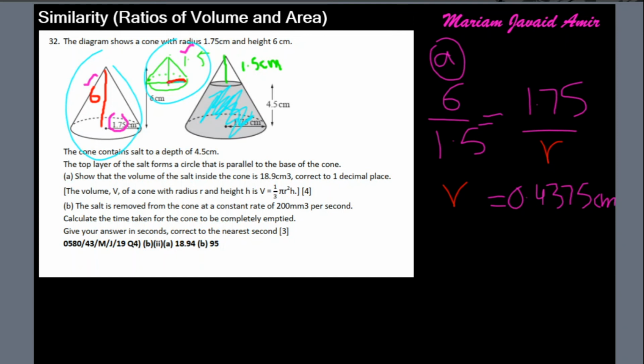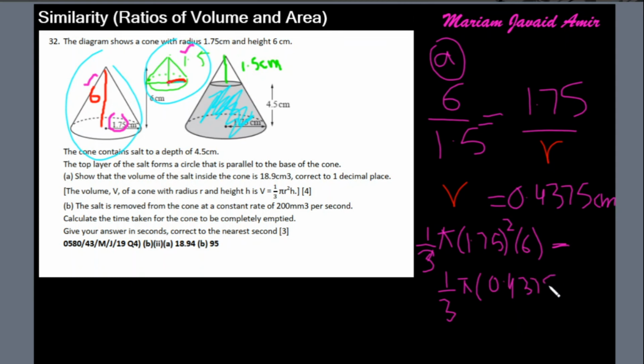Now I'll simply subtract the volume of both the cones. So the volume of the bigger cone is 1 over 3 pi radius square h, minus 1 over 3 pi radius square h.